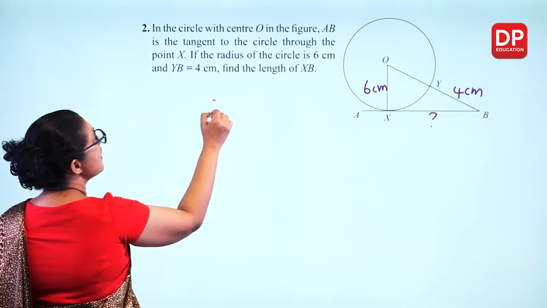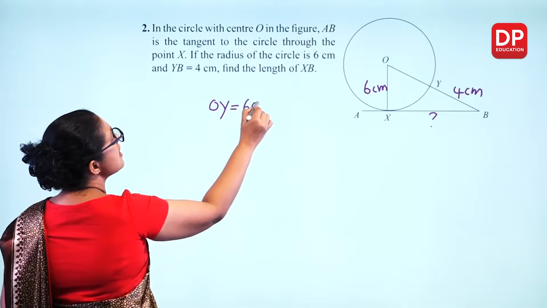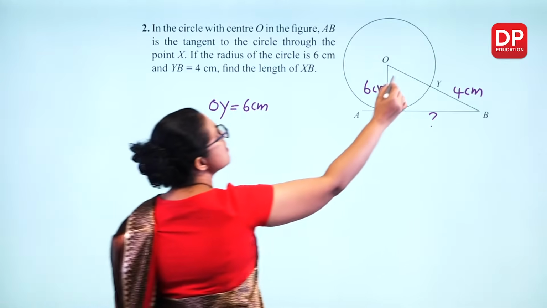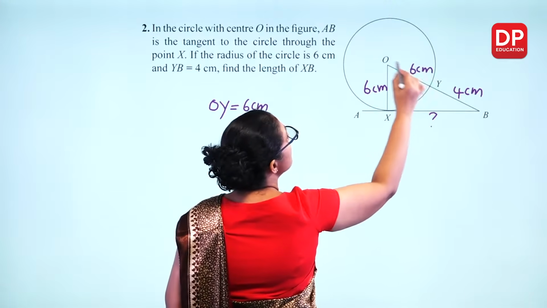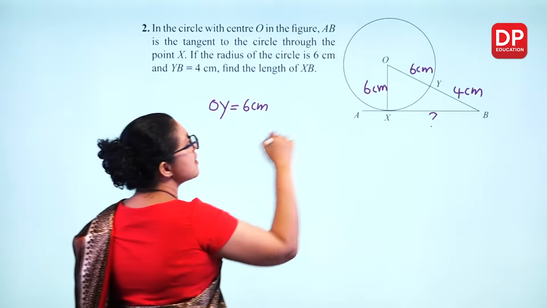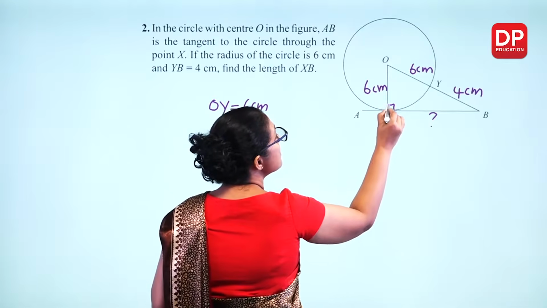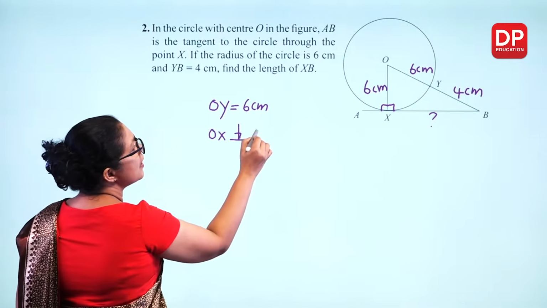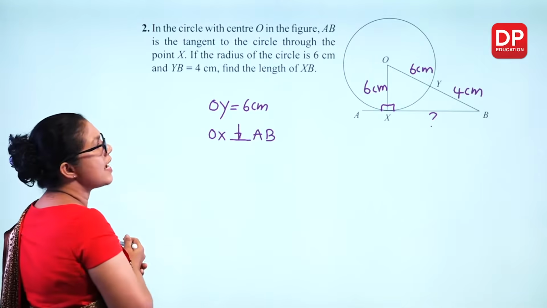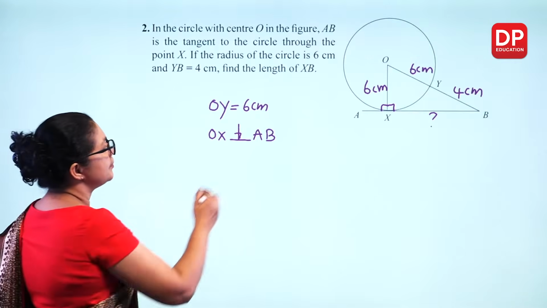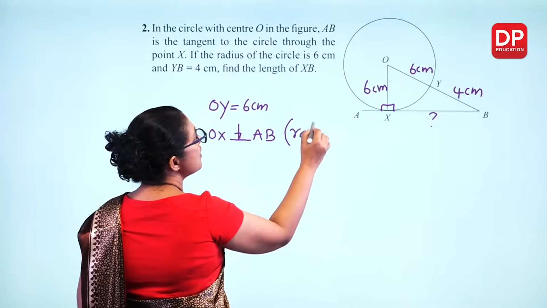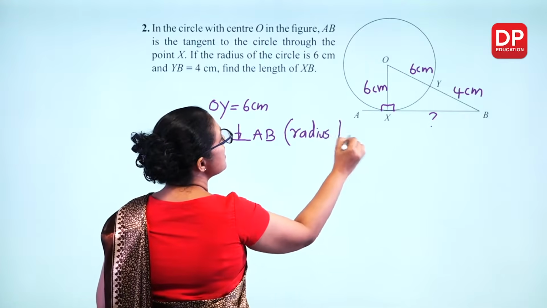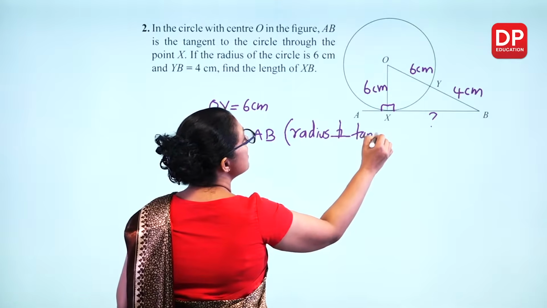So OY is also 6 centimeters. So this is 6. And also we know that OX is perpendicular to AB line. That's the tangent and the radius. According to the theorem, radius is perpendicular to the tangent.